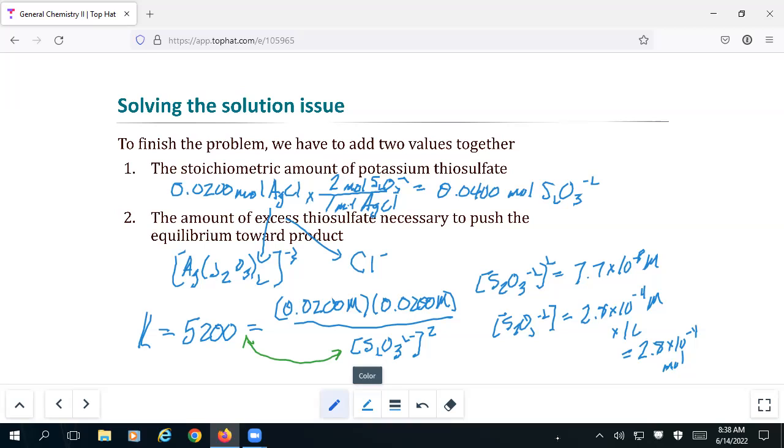And so in terms of how much potassium thiosulfate do I need to add? It'd be the 0.04 plus 2.8 times 10 to the negative 4th.